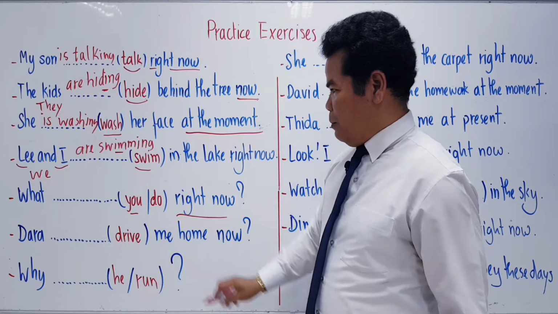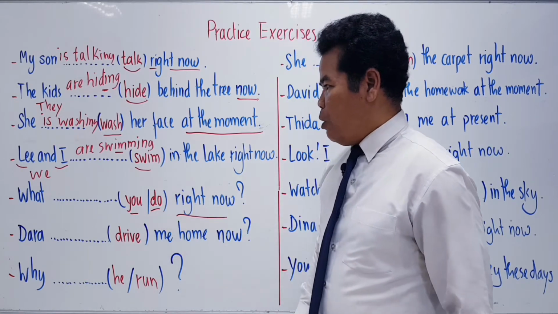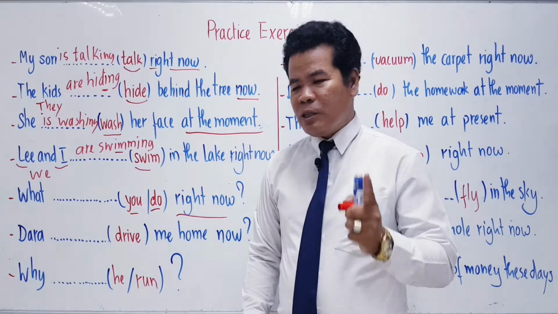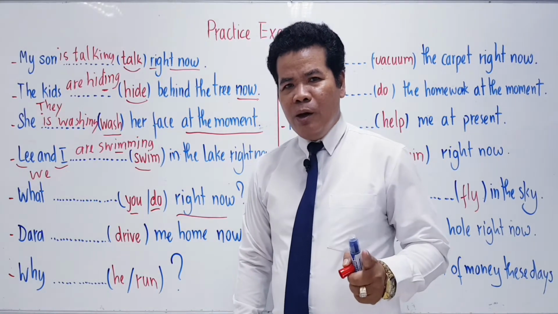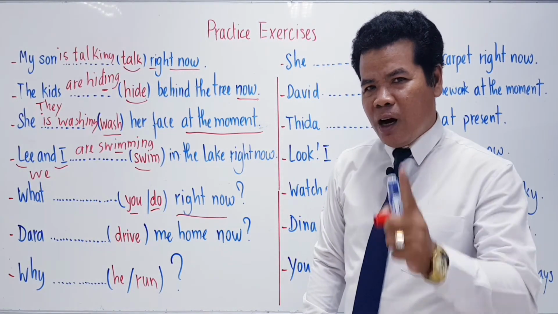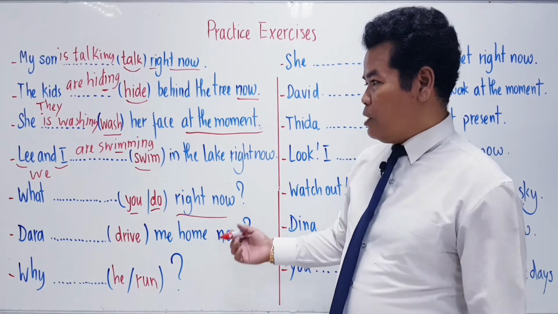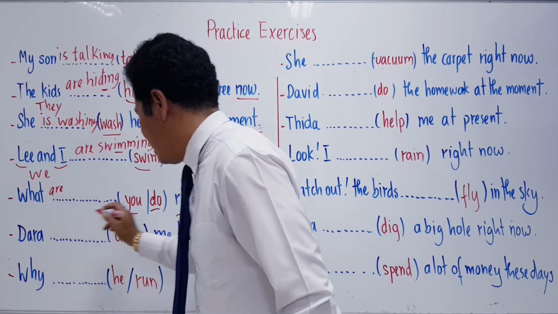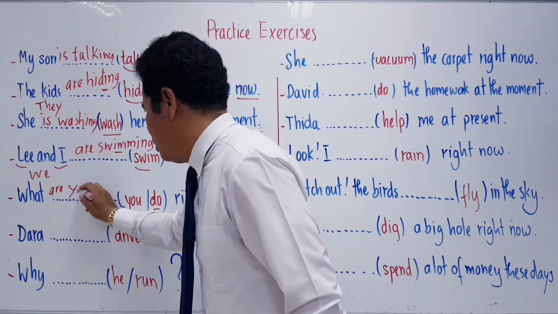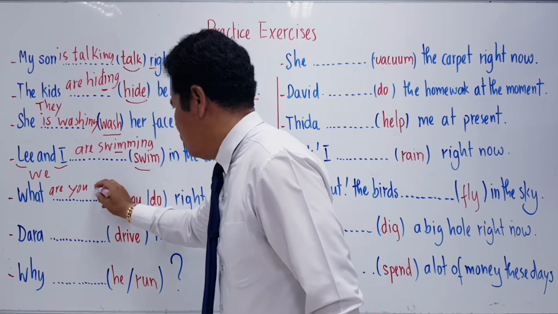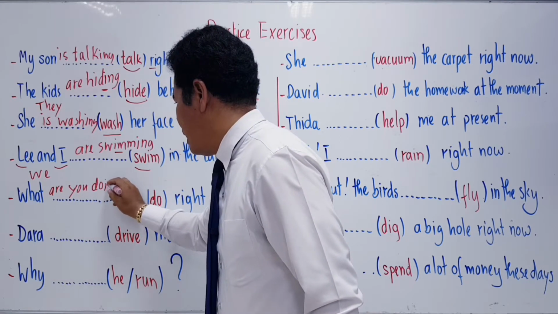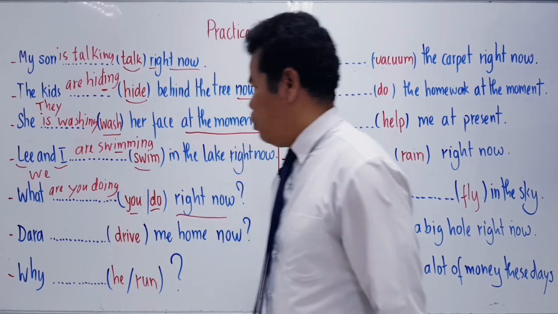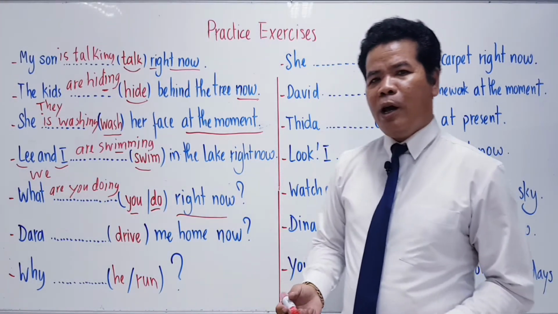Which one is the verb? It's do. So if you see the subject you, you automatically use are. You understand? So what do you say? What are, and then subject you do plus ing. What are you doing right now?